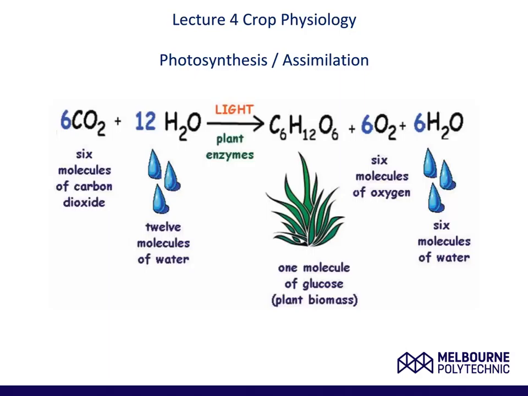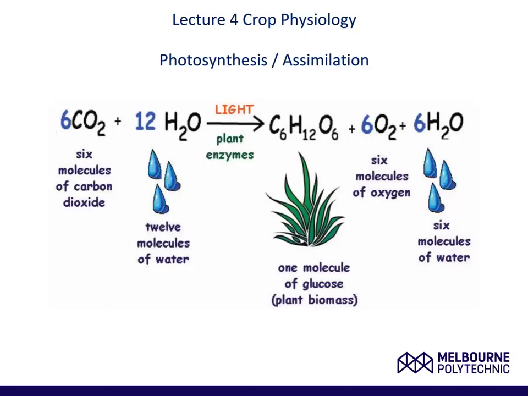Let us start with photosynthesis, also called assimilation. This is really where energy is produced in plants. It's one of a kind. Many of you will have come across photosynthesis at some point. You would have heard about it or you would have learnt it at school. It is when a plant enables the capturing of the energy from the sun and converts it into a chemical reaction.